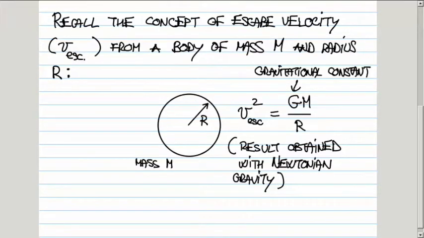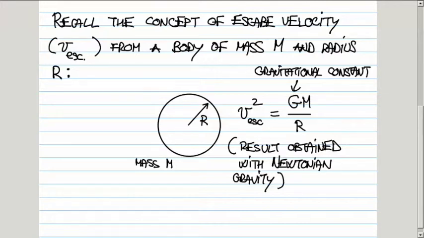Turns out that if you apply the general theory of relativity, which basically is the correct theory of gravity, the result is essentially the same. There's just a different numerical prefactor here, but what we are interested in is how this escape velocity depends on the mass of the object and its radius. Okay?